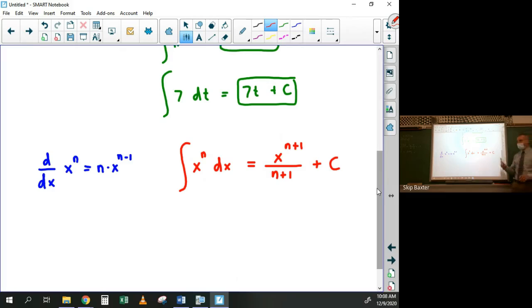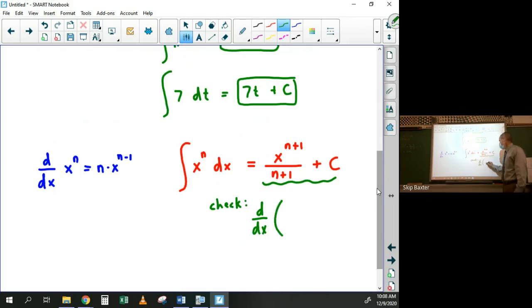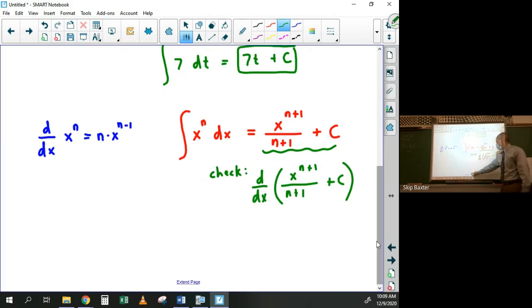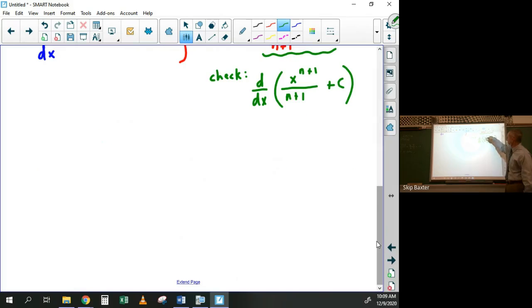So if you ever want to check an integral to see if it's right, you can always just differentiate and make sure you get that, right? Differentiating an integral should give you what you started with. So you can check this pretty easily. If you take the derivative of x to the n plus 1 over n plus 1, the 1 over n plus 1 is just a constant multiple.